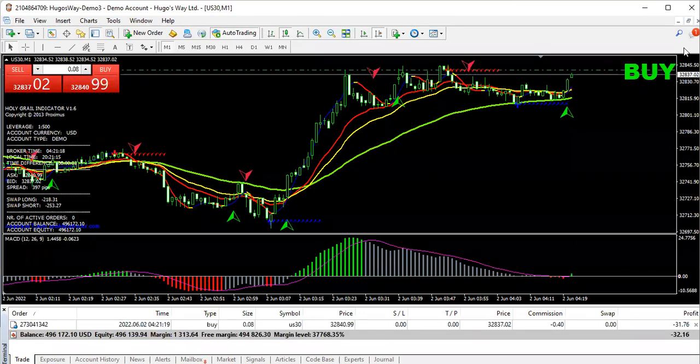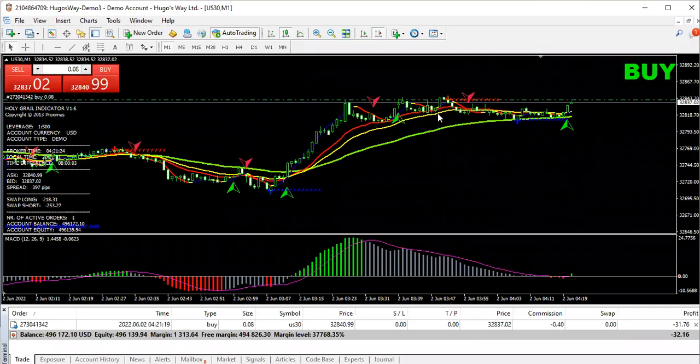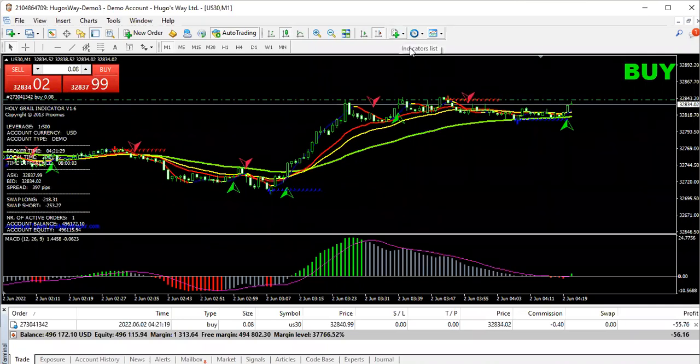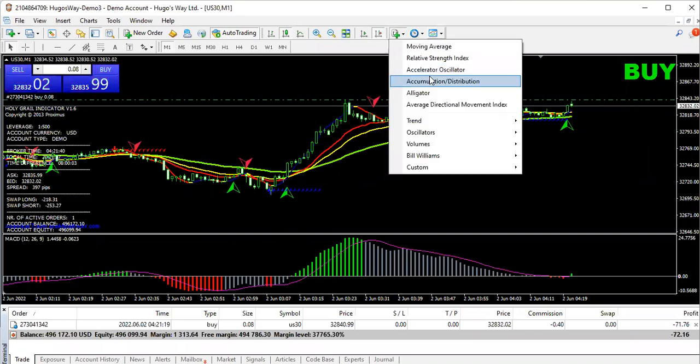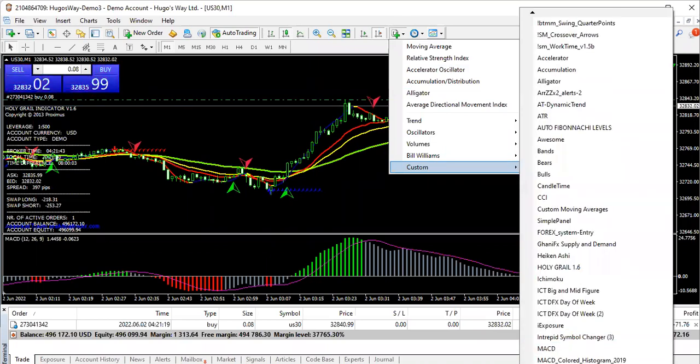That's why it's so important for you to know your zones, to know your support and resistance, because you know these indicators lag.